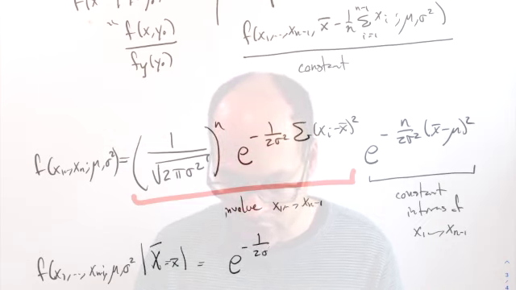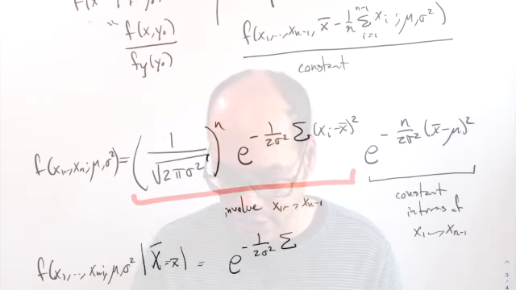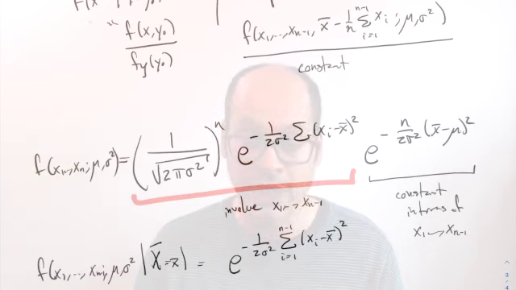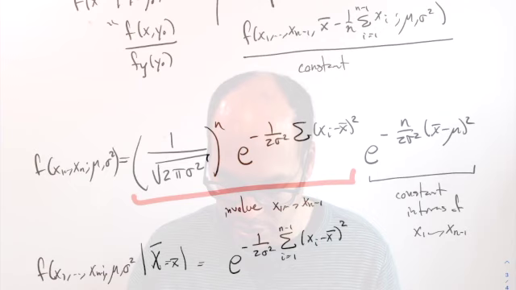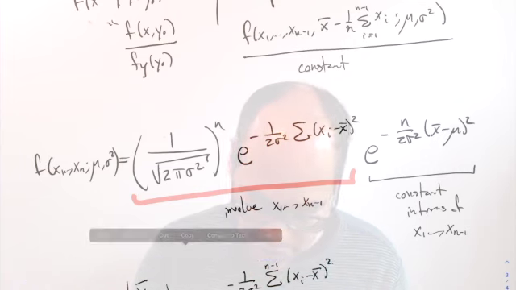I get 1 over 2 sigma squared. I get really these guys just coming from i equals 1 to n-1 of xi minus x bar, which is just some number. Now, the last one is going to look a little different.